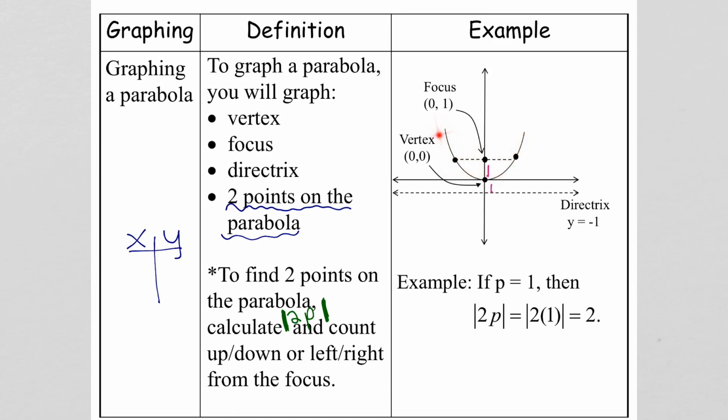Then I'm going to connect my vertex and those 2 points. Now you will do that if the parabola is up or down. If the parabola is opening left or right, then you're going to count up and down from the focus instead of right and left. Again, you will understand exactly how to do this when we do the examples.